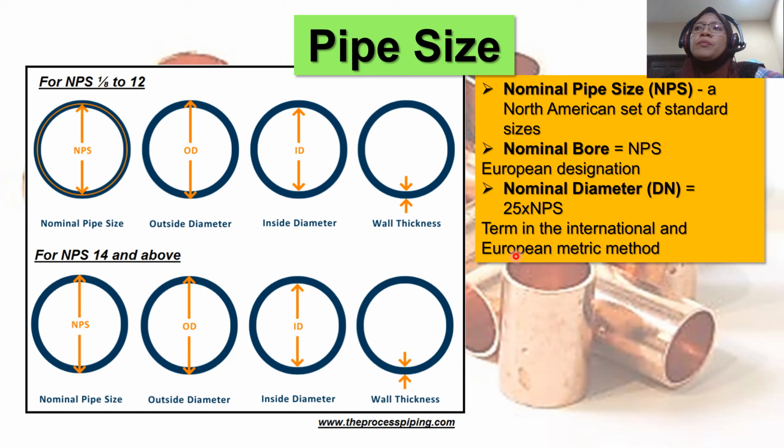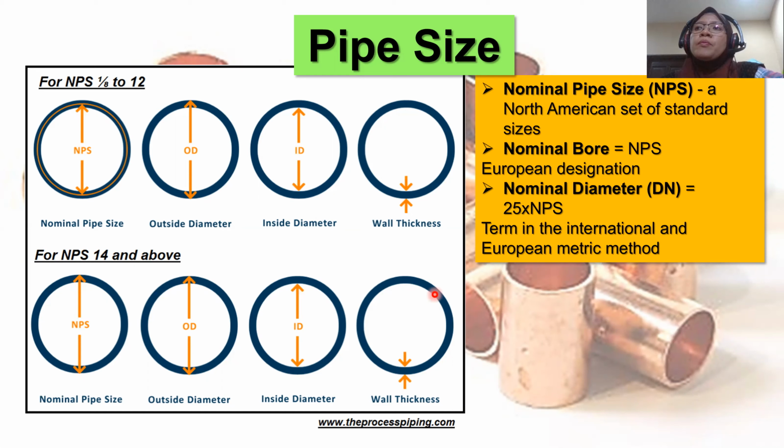Nominal diameter, abbreviated DN, is actually 25 times the NPS. This term is the international and European metric method to describe NPS.